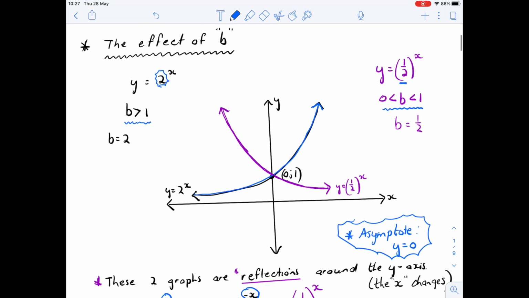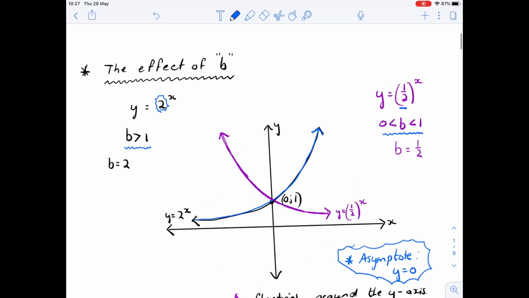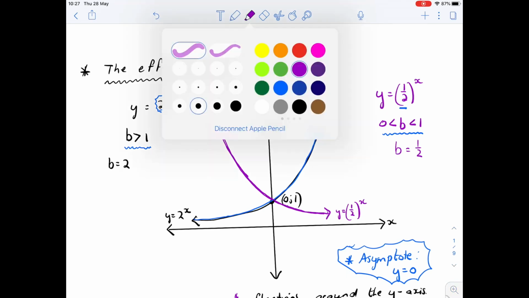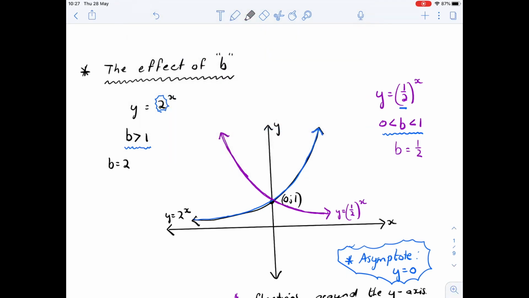The other important thing to notice with your exponential curve is that we also have an asymptote. And your asymptote in these cases is going to be your x-axis.